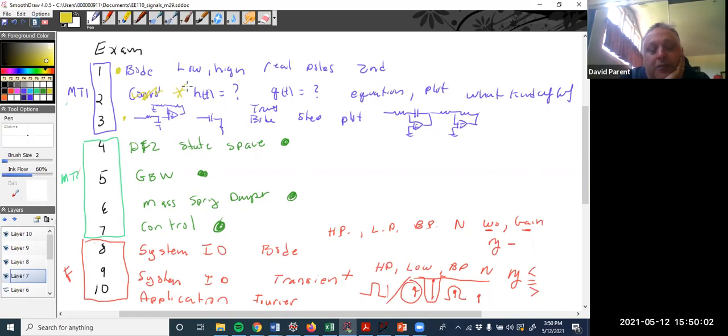For question 2, in general, the input signal is a step or a rectangle, right? And the transfer, the impulse response, it's either a high pass filter or a low pass or some kind of approximation, right?